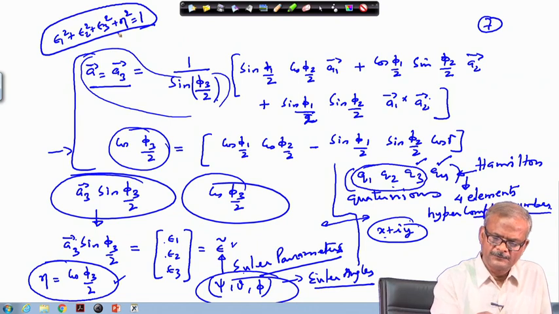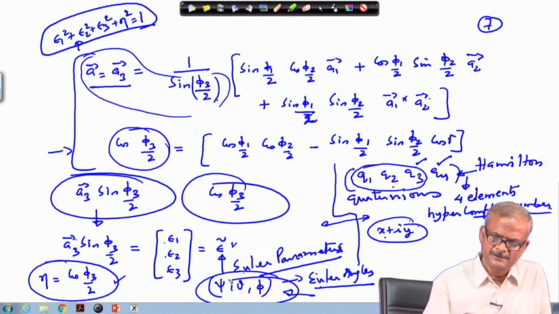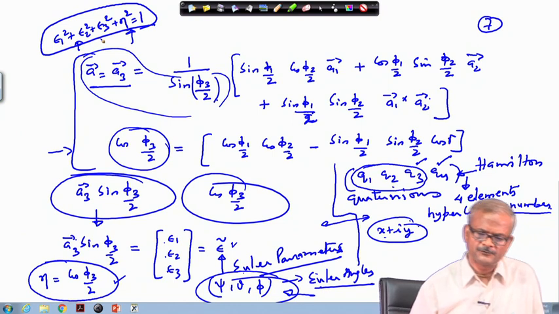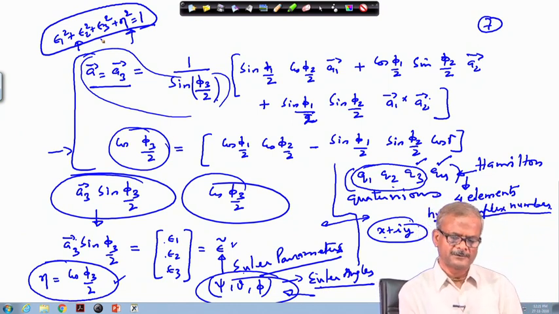Okay. And therefore, one of them can be expressed in terms of the other 3. So, only 3 independent parameters are there, not 4, as in the case of the Euler angle representation, where only 3 independent rotations can be given. Similarly, corresponding to that the 3 parameters should appear here. However, here it is 4, but one is dependent on the other 3.